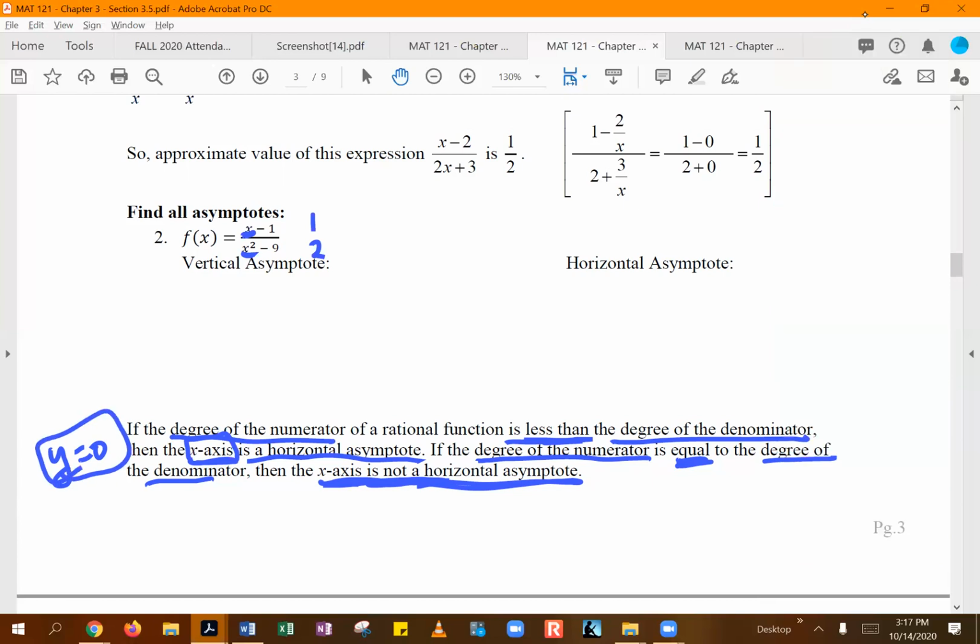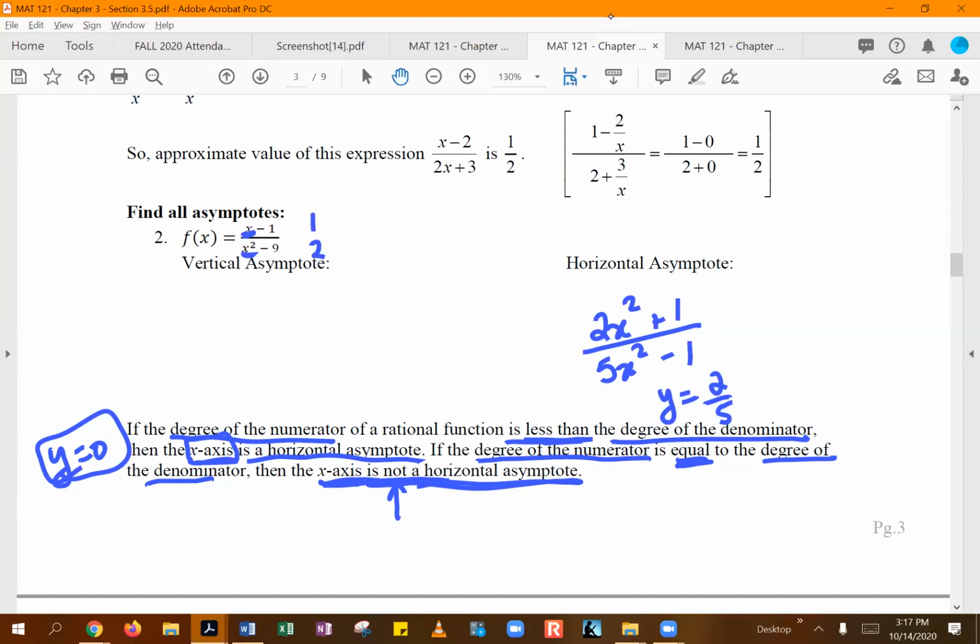When the degree is the same, you could end up with something like 2x squared over 5x squared, and you could have whatever else after that. Since I have x squared on both my numerator and denominator, your horizontal asymptote would be at the ratio of the leading coefficients. That would become 2 over 5. So it's definitely not the x-axis, but the ratio of these numbers.